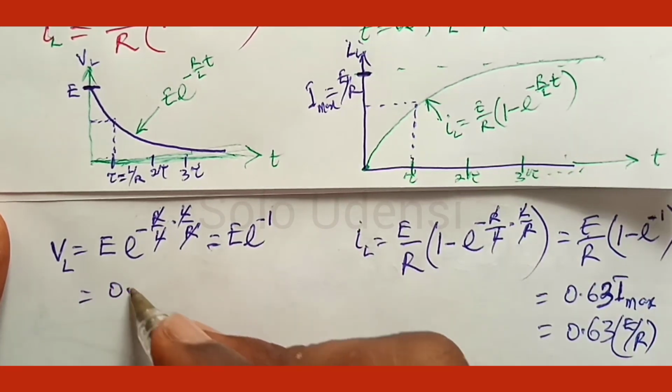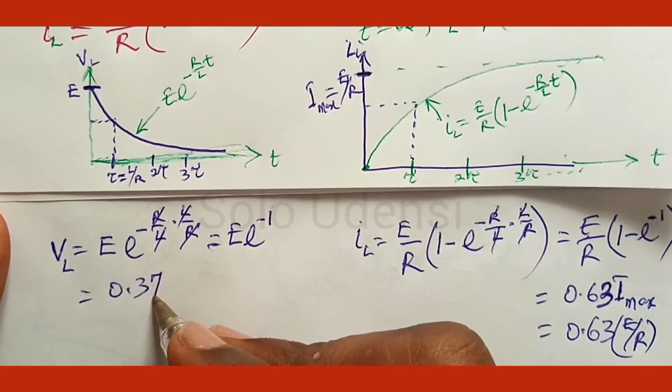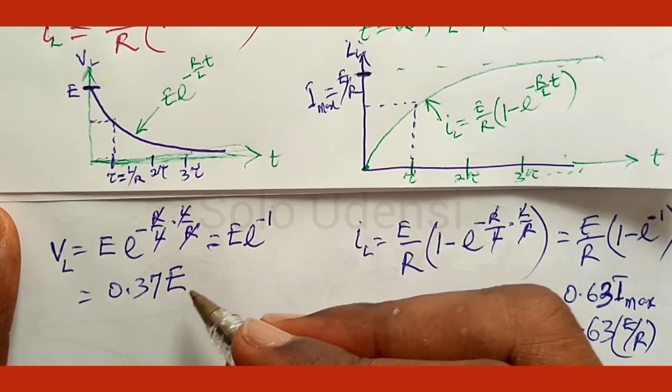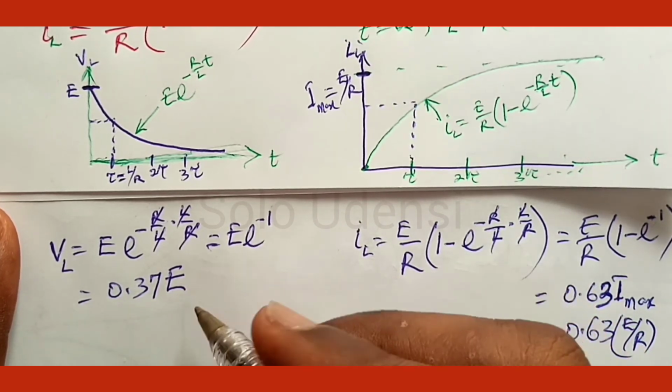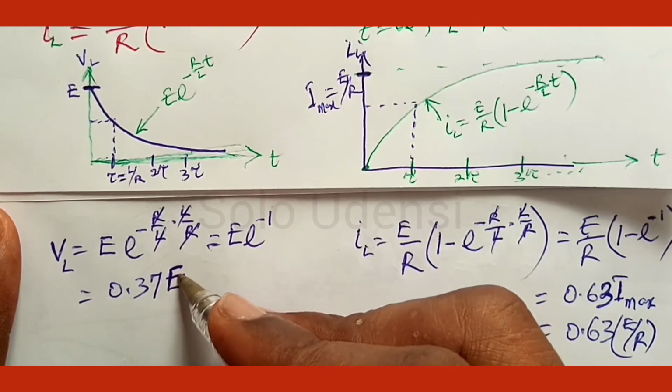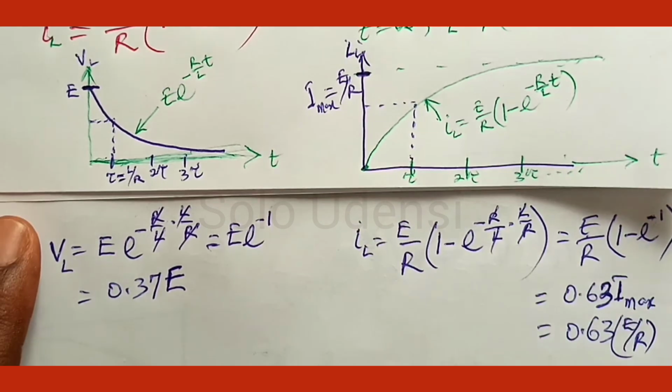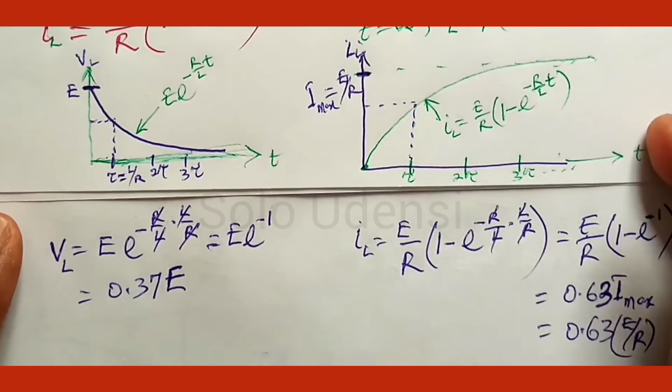So it's 0.37 E, or 0.37 of the maximum value, the initial value of the voltage. So that is how to do it.